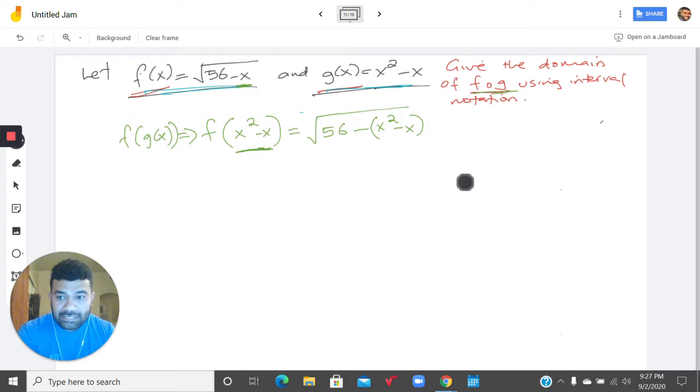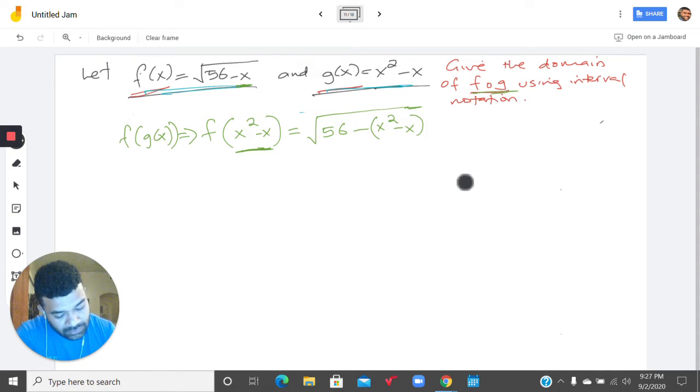Okay, so now we need to find the domain, but there is a rule when you try to find the domain of a, what do they call it, the radicand, right? The square root is usually called a radicand. So in order for us to find the domain of a radicand, what we'll do is, let me just change the color of the pen.